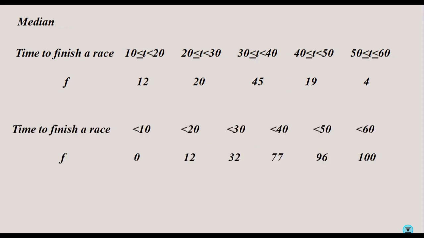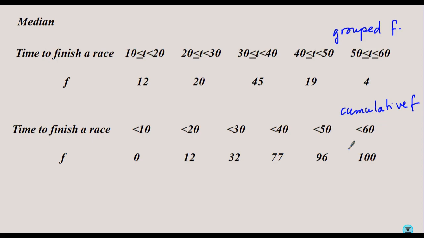Now let's look at the median. And this is something that we did in the previous video. In this case, this is our time to finish the race. This is our grouped frequency table. And we convert it to a cumulative frequency table in exactly the same way as we did in the previous video.